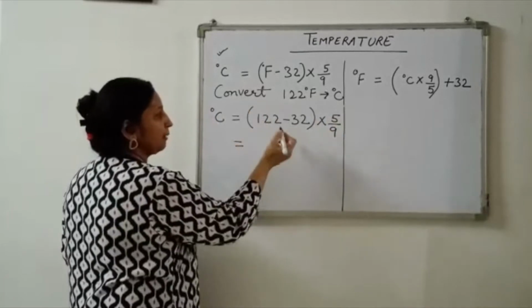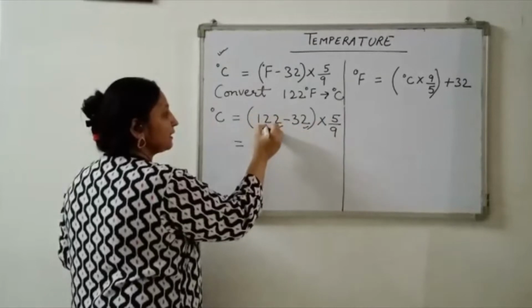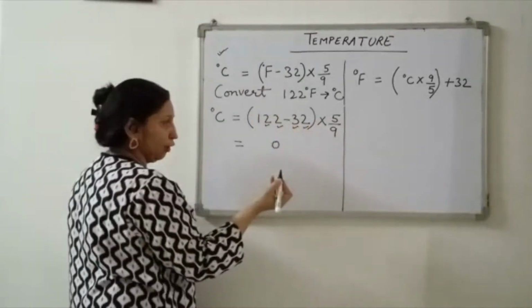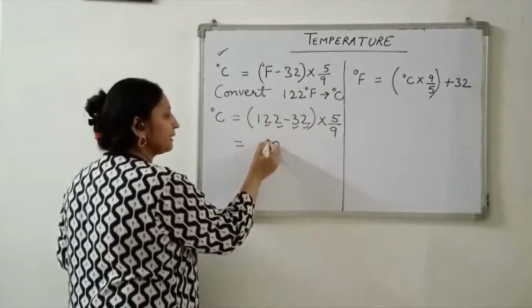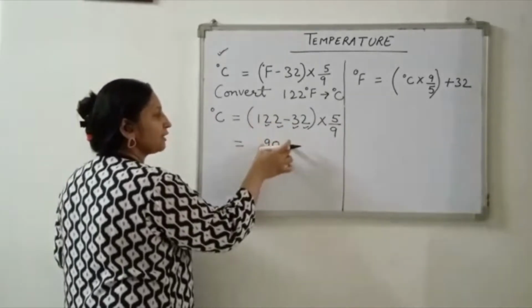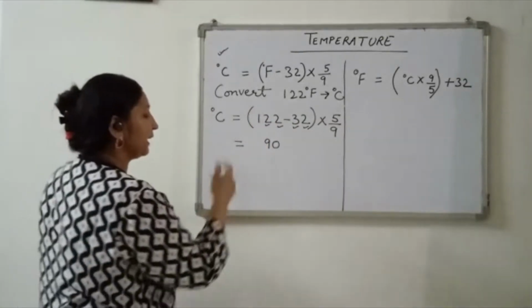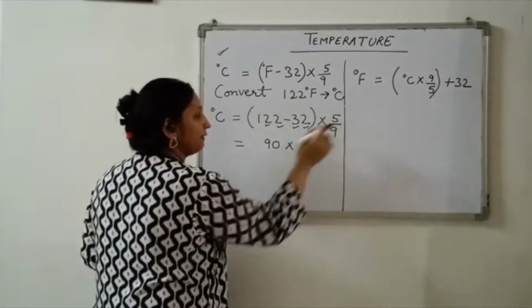So when we subtract, 2 minus 2 will become 0, then 2 minus 3 is not possible, so it will borrow, it will become 12 minus 3, that is 9, and this one has become already 0. So this is your 90 and this 90 will be multiplied by this 5 by 9.